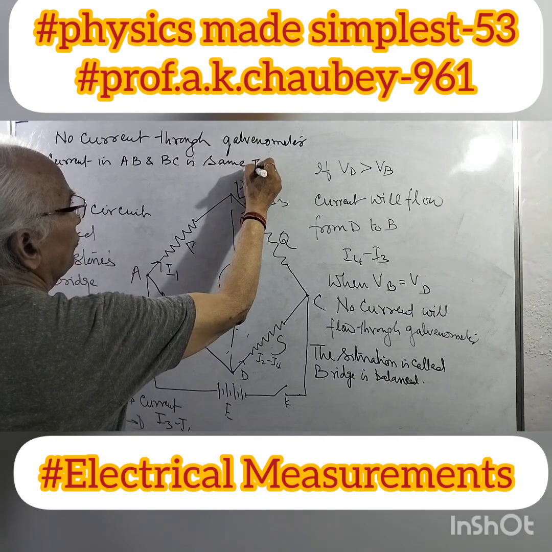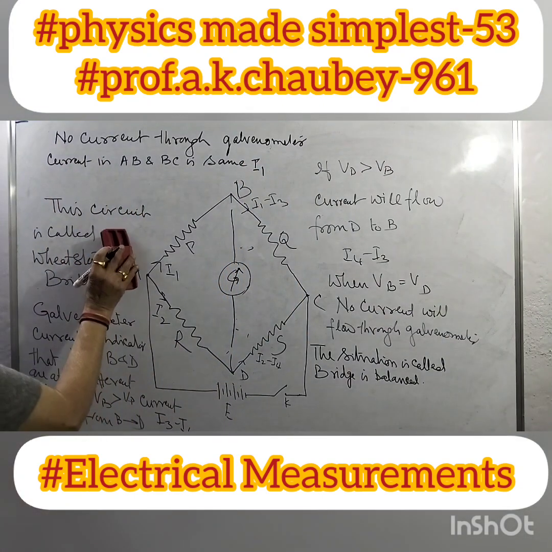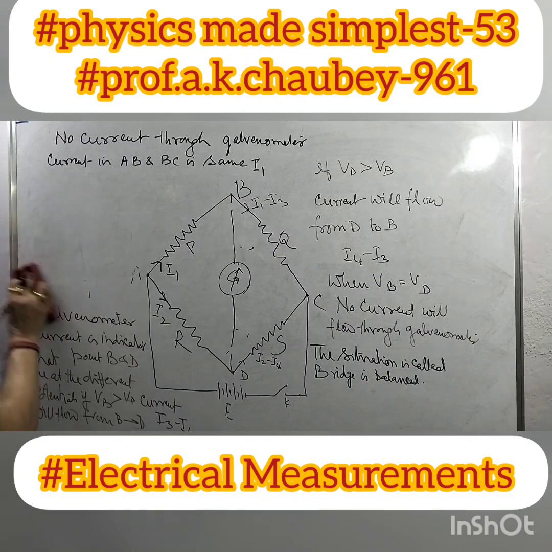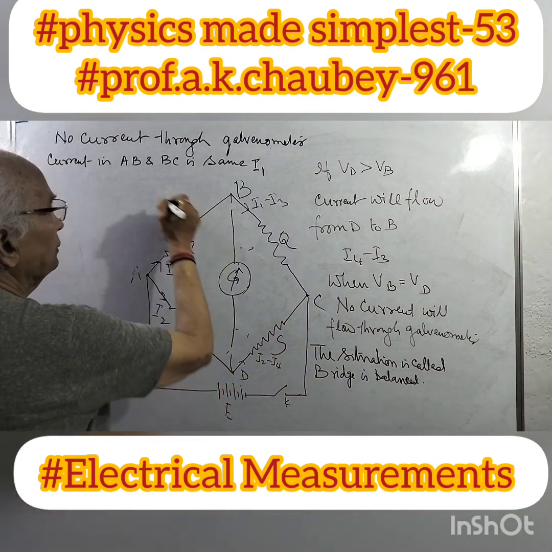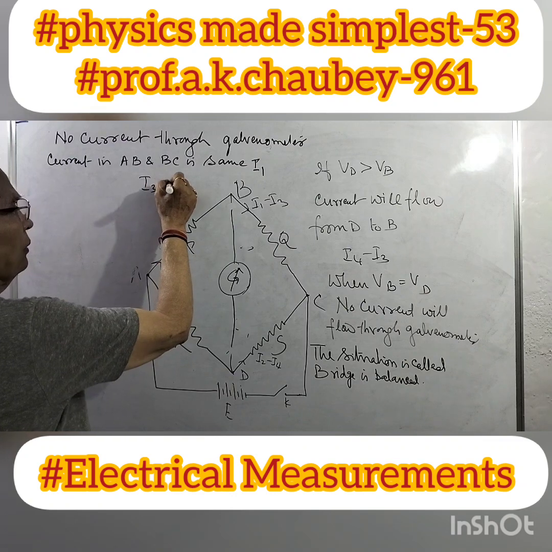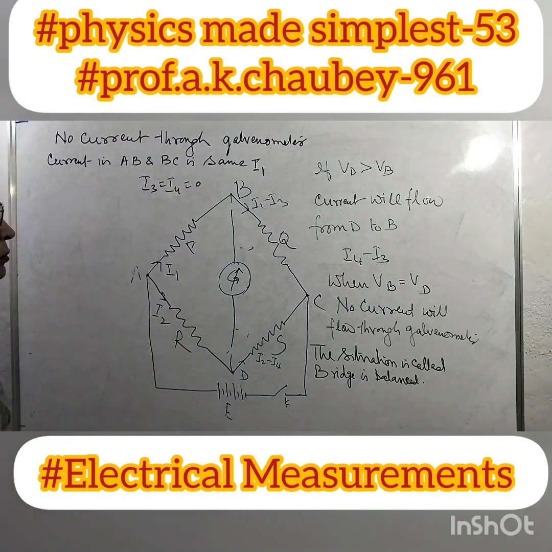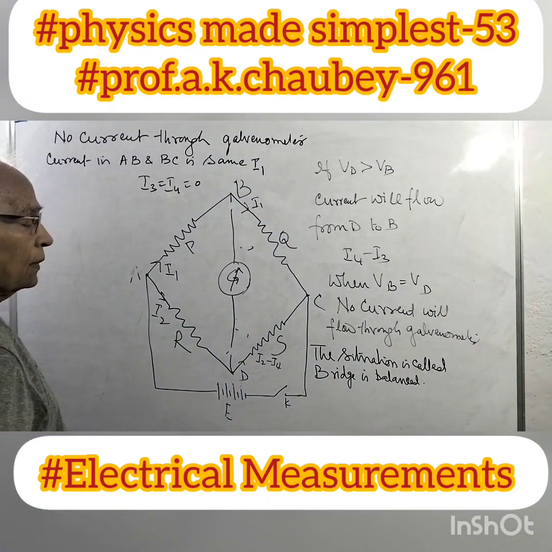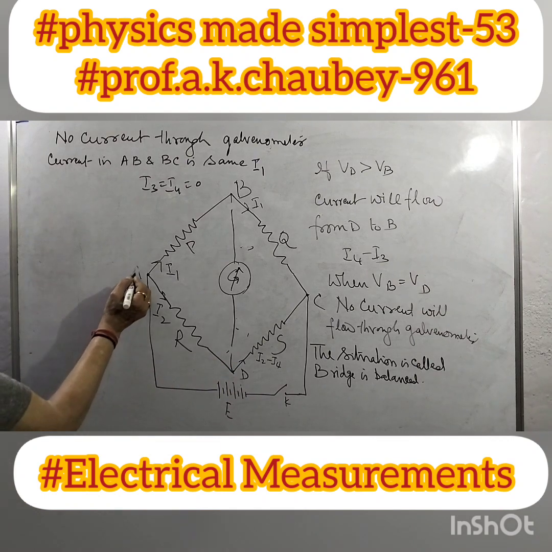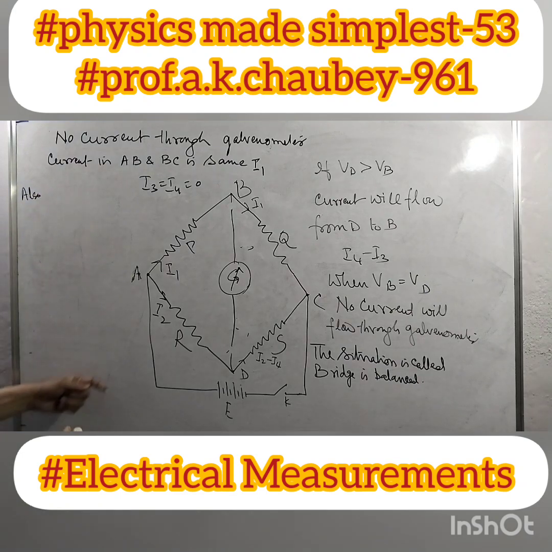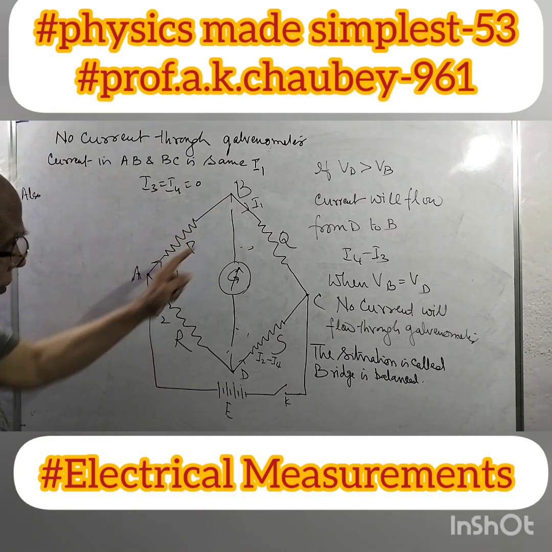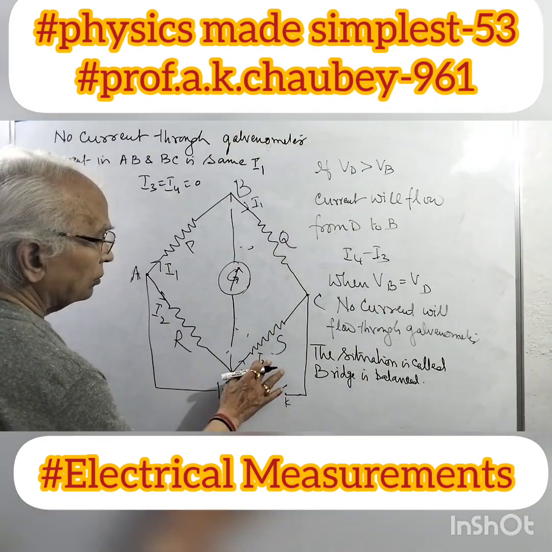Let us say I1, because no current is flowing through the galvanometer, so there is no branching of current. So I3 is equal to I4 equal to 0. So the total current I1 here is also I1. Also, no current through the galvanometer means here also I4 is 0.